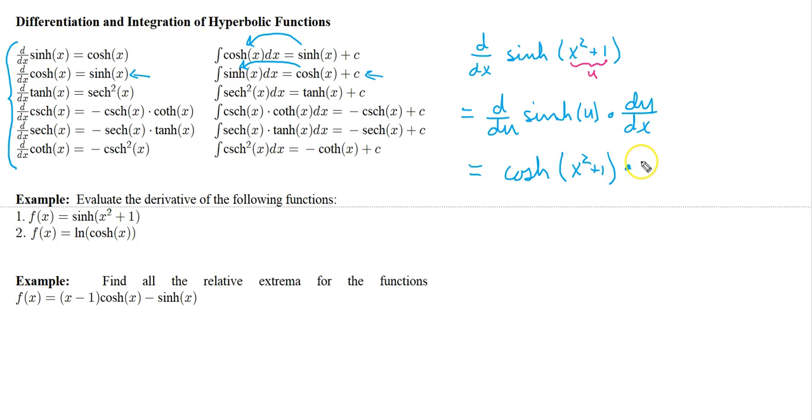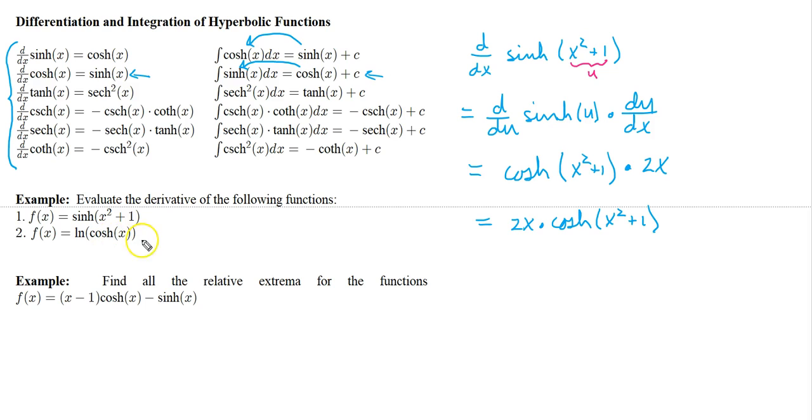And du/dx is going to be 2x. I prefer to write that out front, that way there's no confusion. The 2x is not being acted on by the cosh function. Only the x squared plus 1 is being acted on by the cosh function.